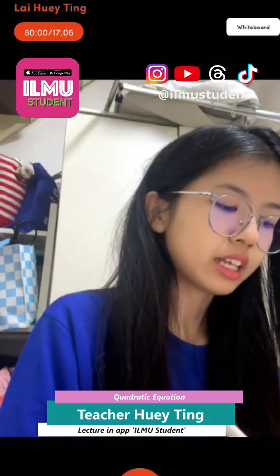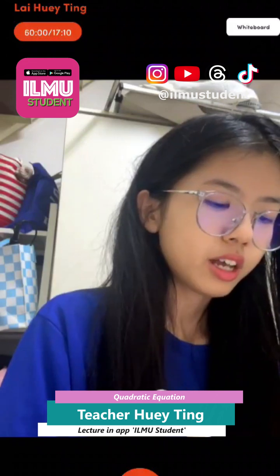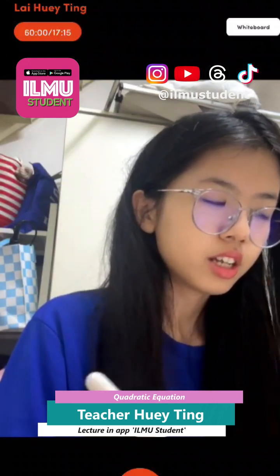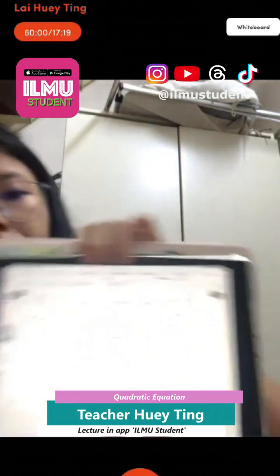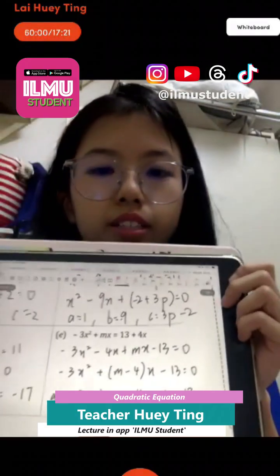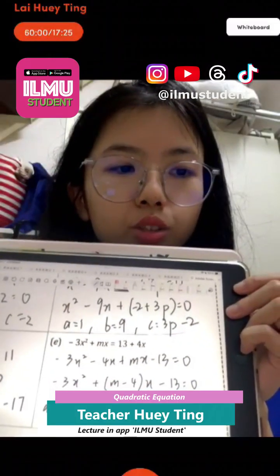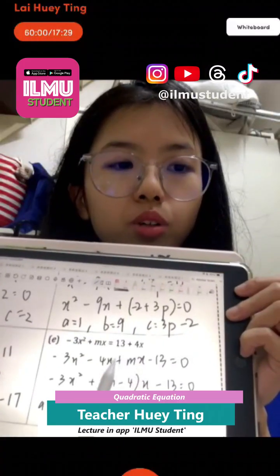So we can get that a is equal to negative 3, b is m minus 4, and c is negative 13. Here we can see that this is negative 3x squared minus 4x plus mx minus 13 equal to 0, right?